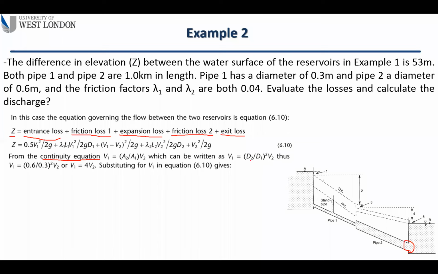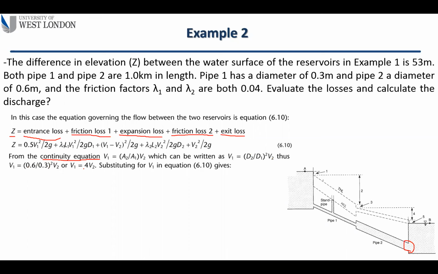So V1 is equal to the ratio of D2 over D1 raised to the power 2 times V2. If the diameters are given to us, D2 is 0.6 and D1 is 0.3, and raised to the power 2, this ratio is 2, and 2 to the power 2 is 4.